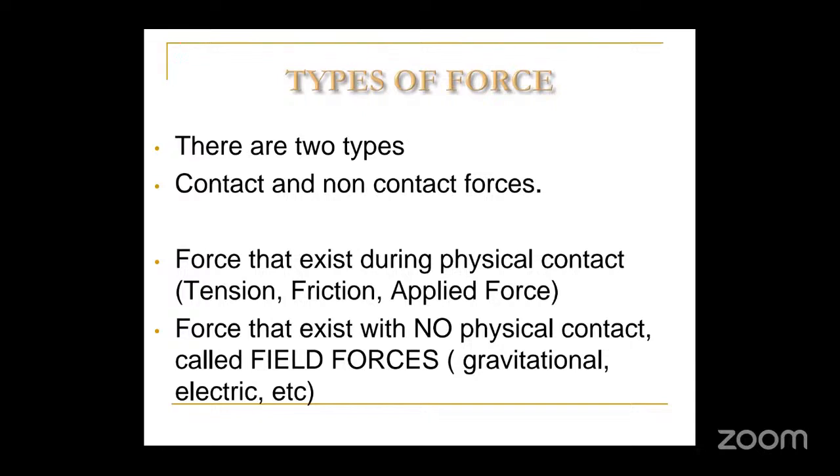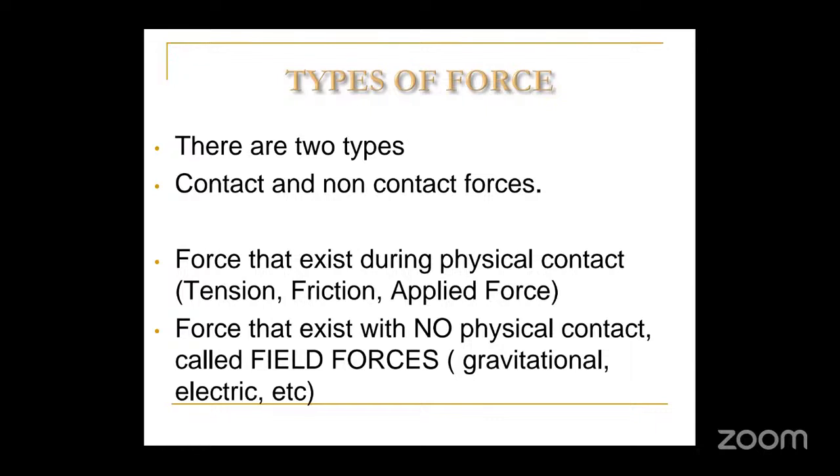An example of contact forces is tension. Tension is when you apply a force by pulling an object using a cable or a rope or whatever means to pull an object to move. The force applied in this manner is tension force. Then frictional force is any force that opposes the motion of an object.